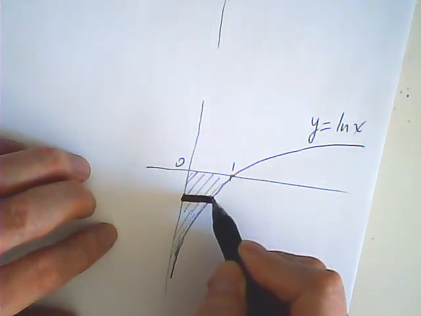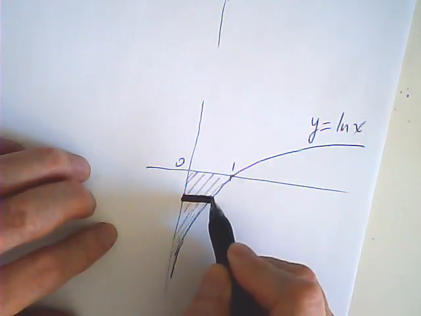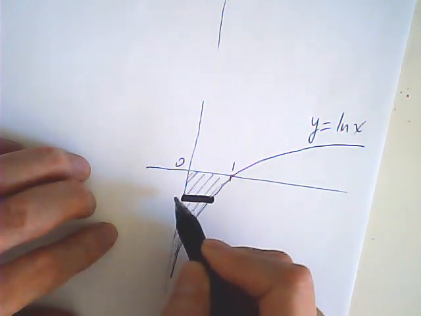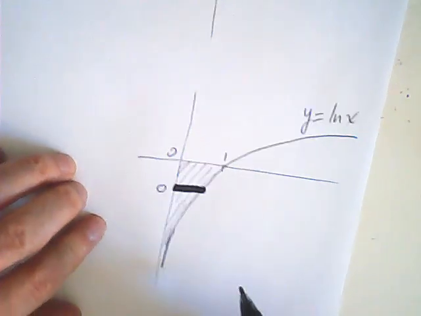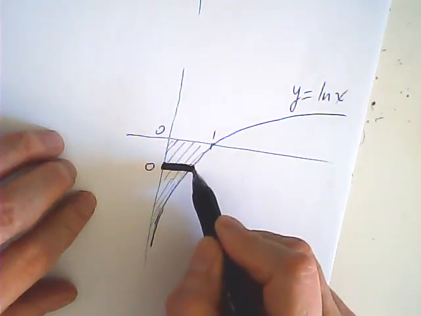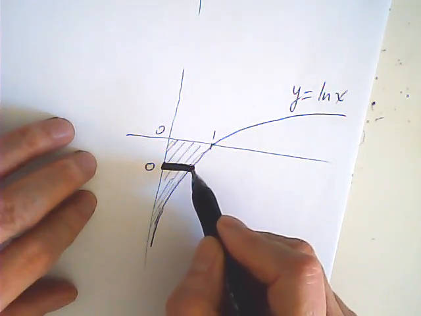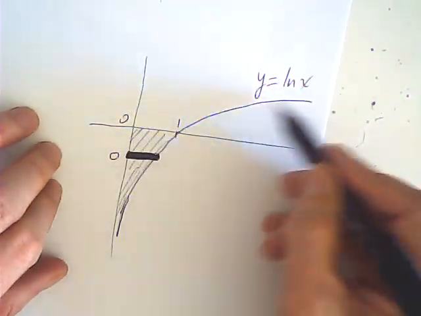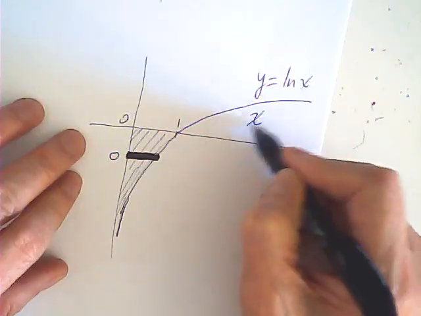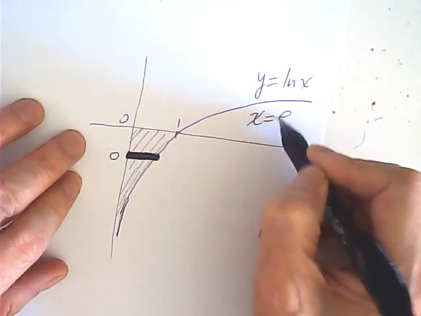So this location is x. This location x is 0. So this coordinate is x. This x is coming from this function, so x is equal to e to the y.